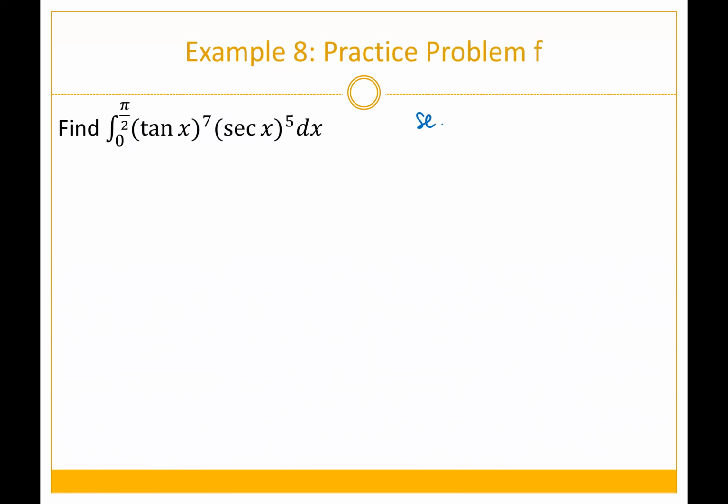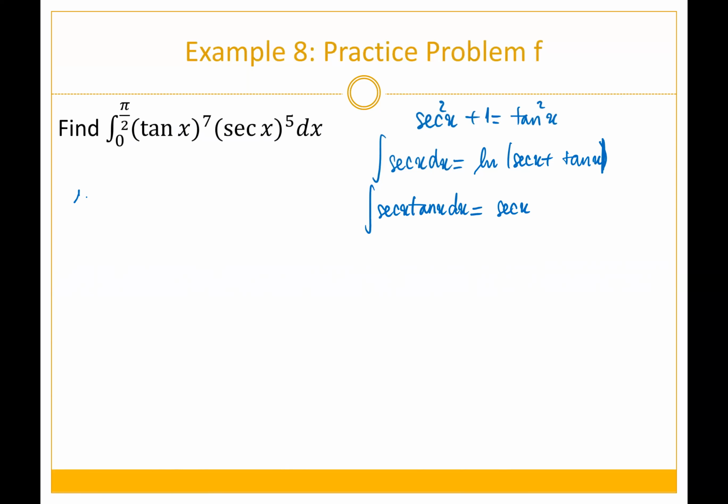We want to put it in polynomial form. So we can use another integral: the integral of secant tangent dx is just going to be secant itself. So now everything just becomes secant. Because with the other one, you can use this expression to manipulate. So let's see what we have here. If we put u as secant, then du is going to be secant tangent dx.